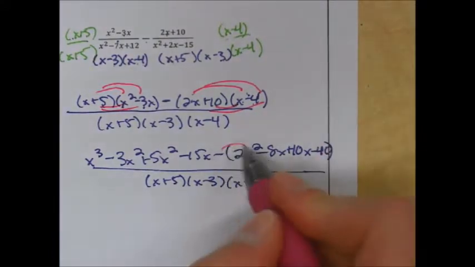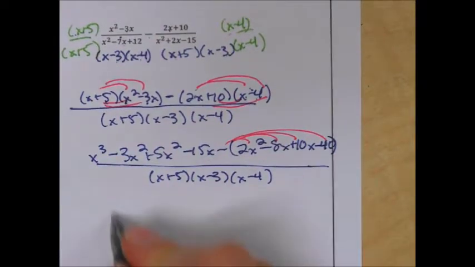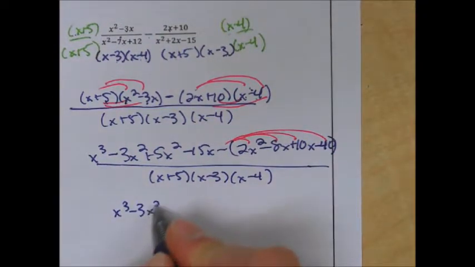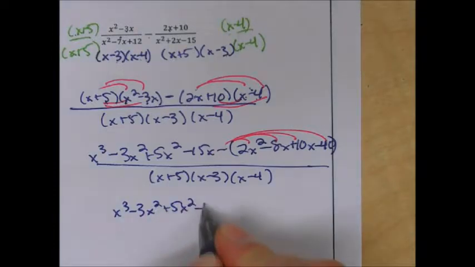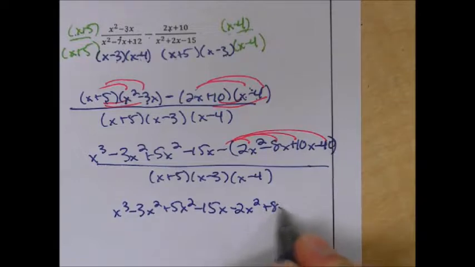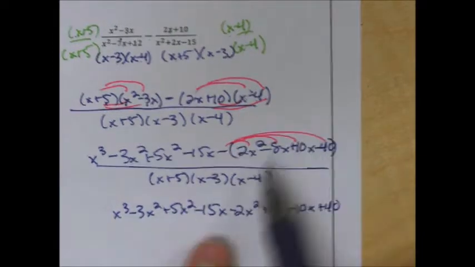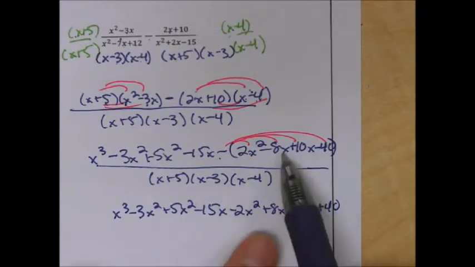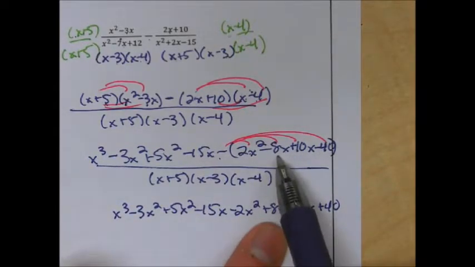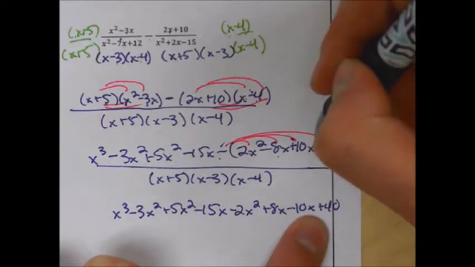We have to then distribute the negative. So I get minus 2x squared plus 8x minus 10x plus 40. Again, we distribute the negative. Minus 2x squared plus 8x. The negative makes this a negative. The negative makes this one a positive.